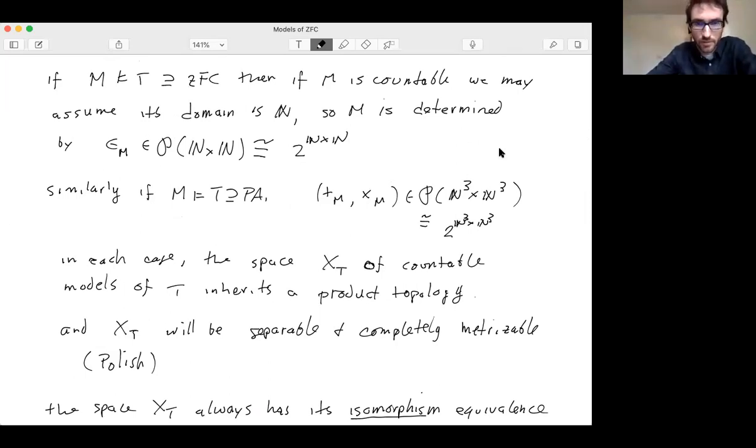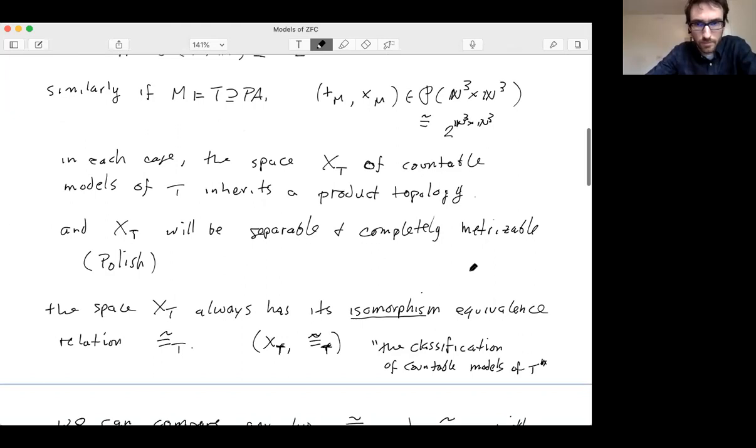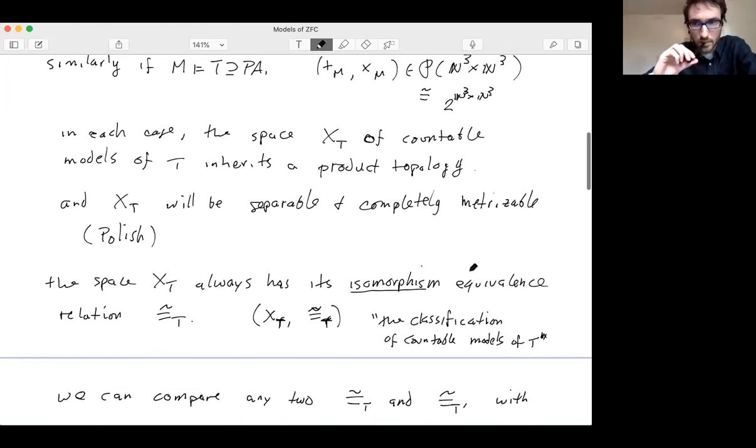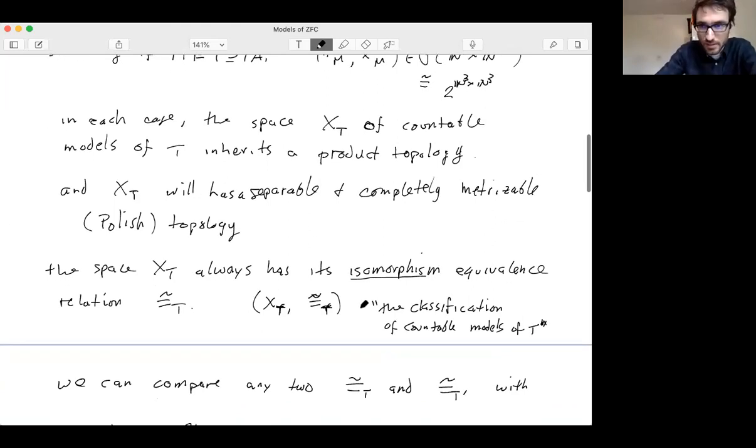I should not say that that particular topology is completely metrizable. Thank you, yeah. So that's not right. It has a separable and completely metrizable topology with the same Borel sets as the product topology.